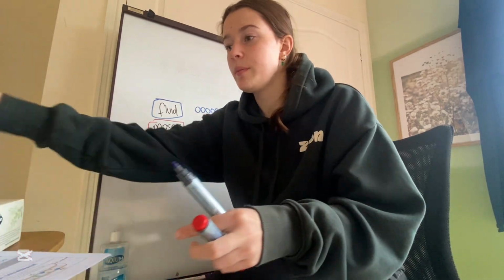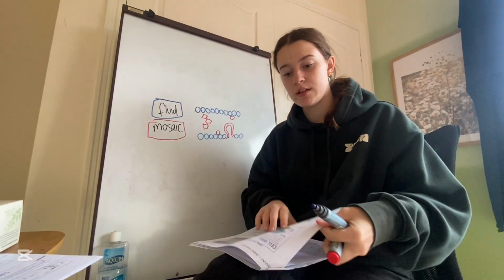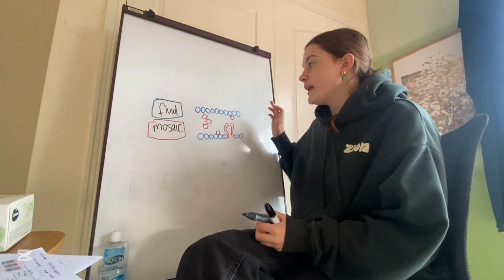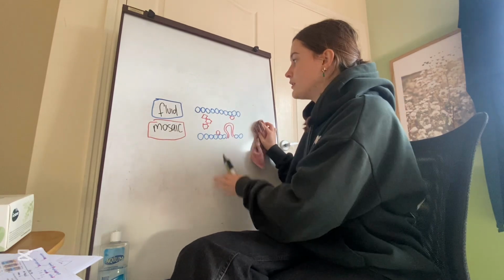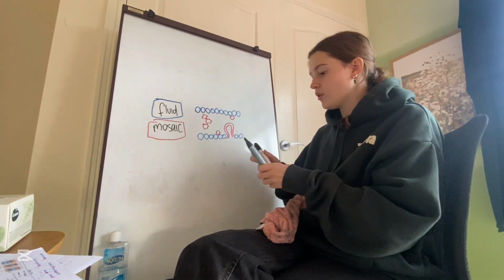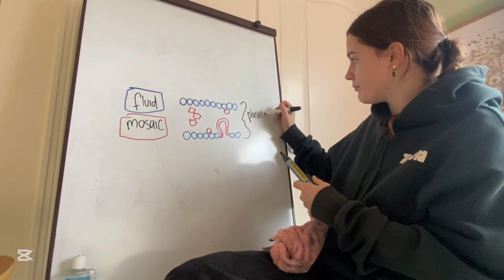The phospholipid bilayer, that's this bit, the fluid section. It is the main boundary bit of the plasma membrane. So all of this all together is the plasma membrane.